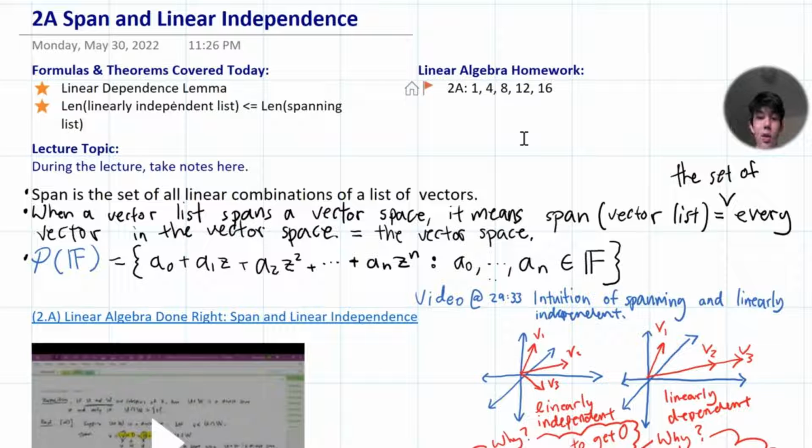Then the next thing was polynomials as a vector space. How does that work? Well, it's just the set of all polynomials up to an nth degree.